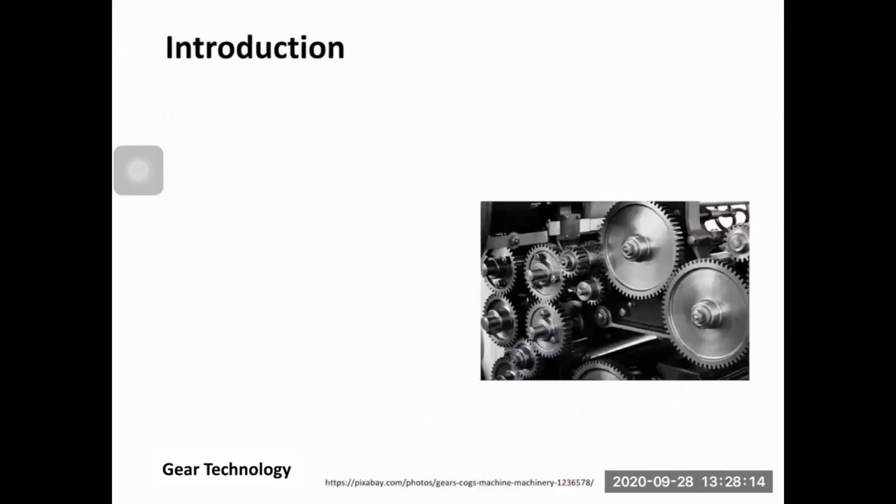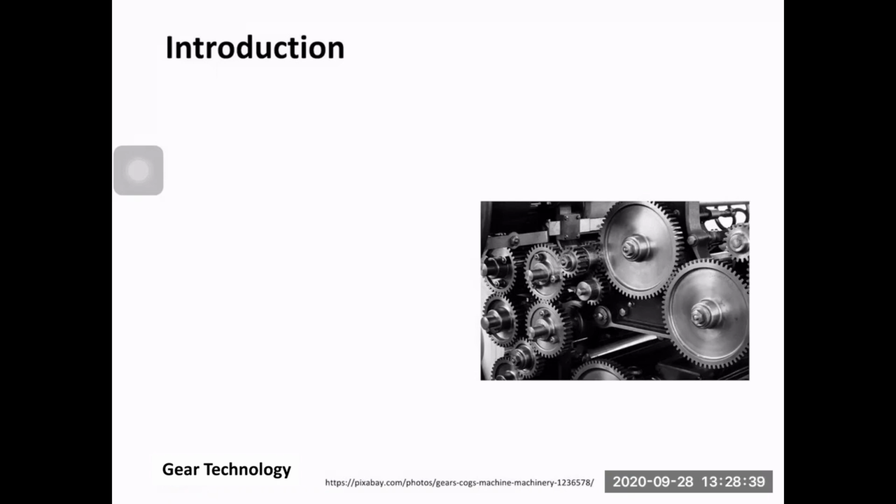What you see here on the screen is a machine. It's very complicated. You see lots of gears, and the motion is transformed from one shaft to another shaft to another shaft. Sometimes the gears are used to only transform the same amount of rotational motion, so there is no increase or decrease.